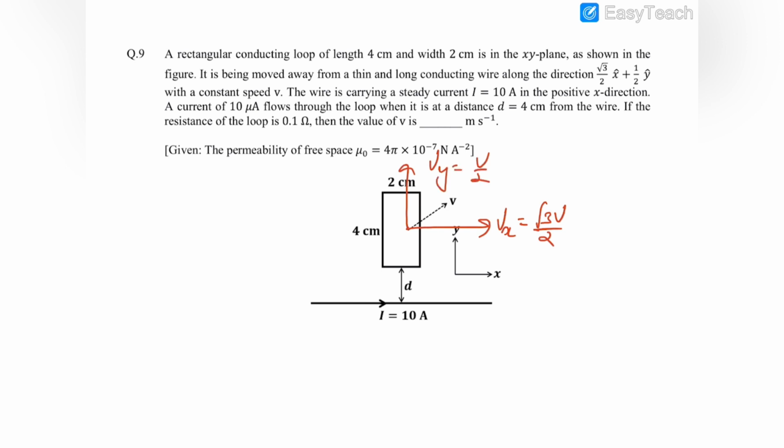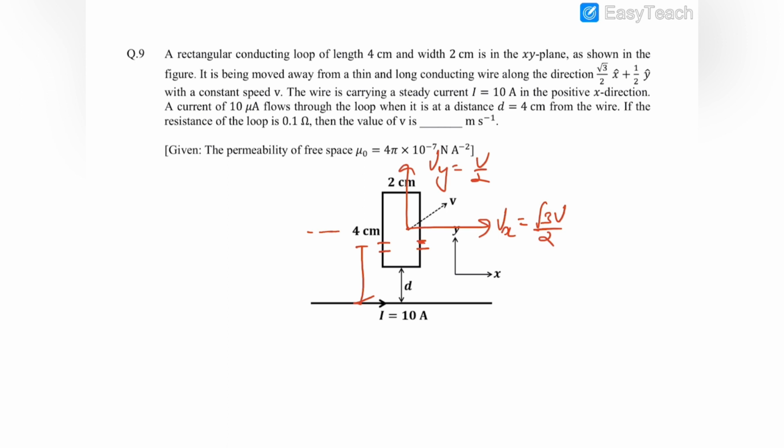Okay, so we know that the magnetic field, let us see that there is an element like that. So the magnetic field due to this wire at this point and at this point would be same, and the EMF generated in these two wires would be equal in magnitude.